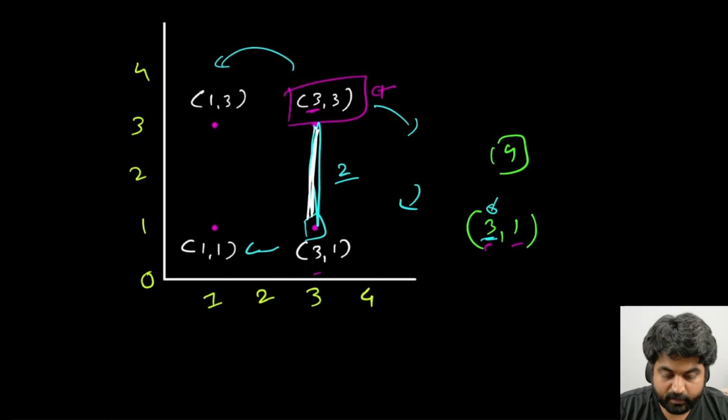The second approach is that based on these two endpoints we can determine what endpoints we are going to need, because we already have the distance 2, in order to generate a square.